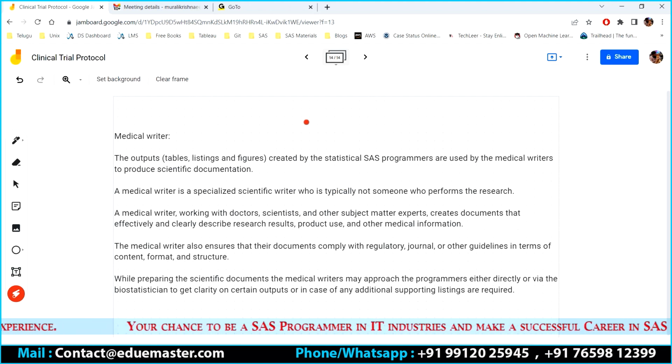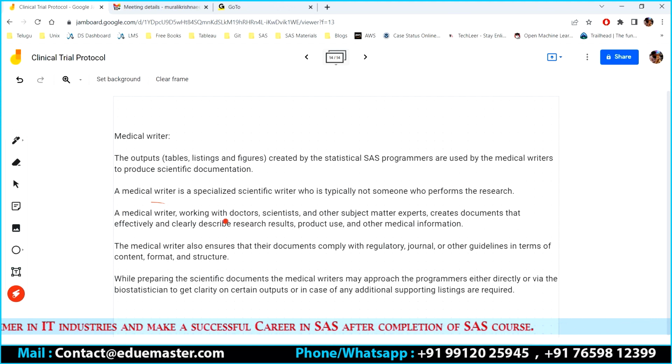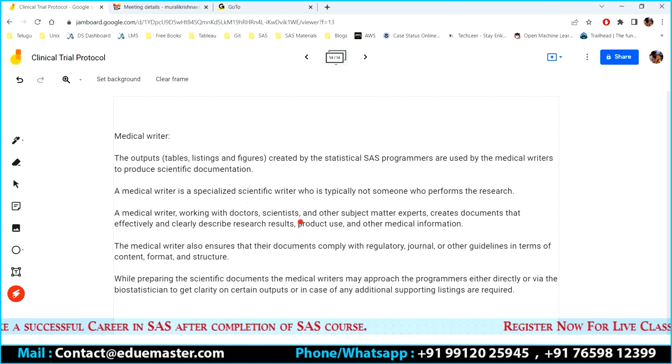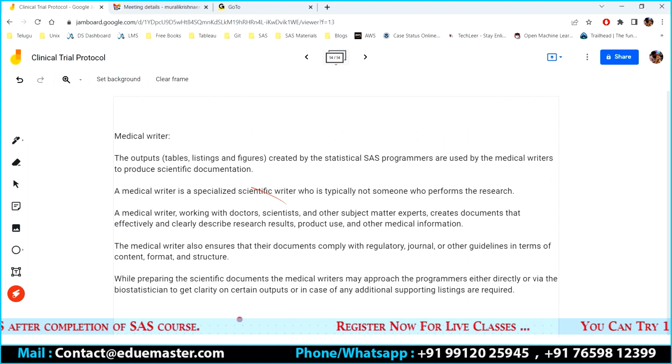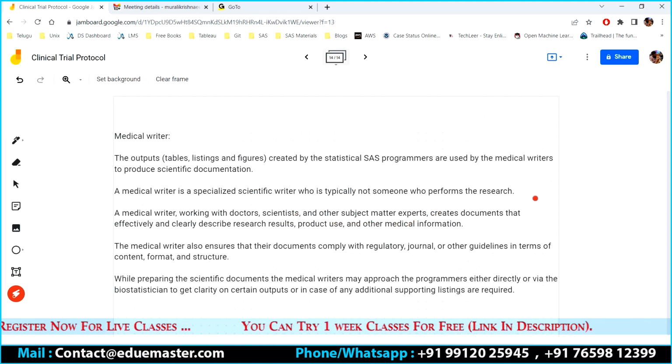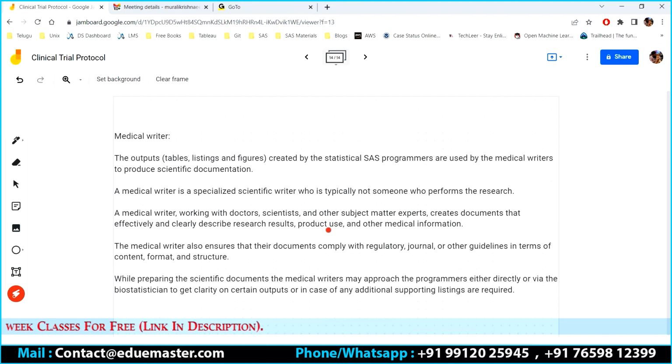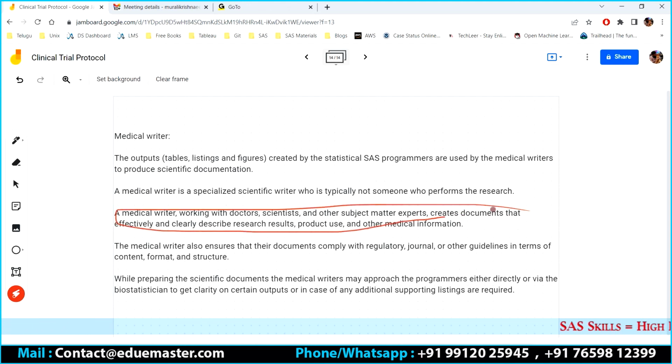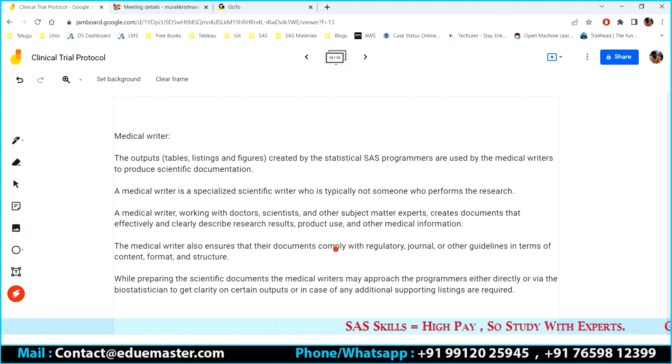Right? So we need to understand with whom he will collaborate. A medical writer will work with doctors, with scientists, with SMEs, subject matter experts, and then he is going to create a clear document of research results, product use, and medical information. This document is the final document, right?